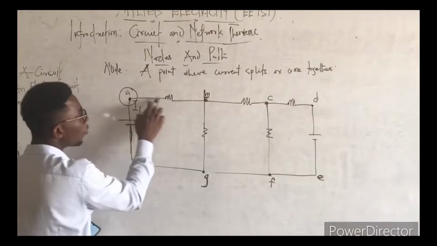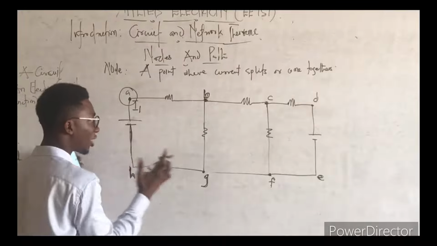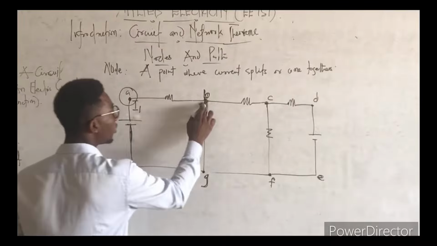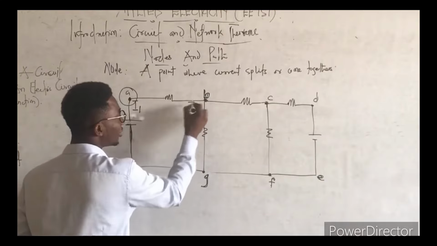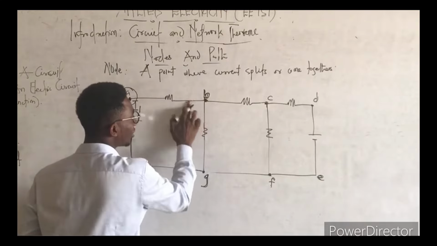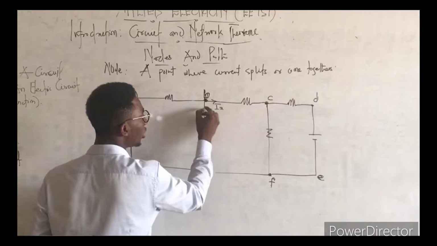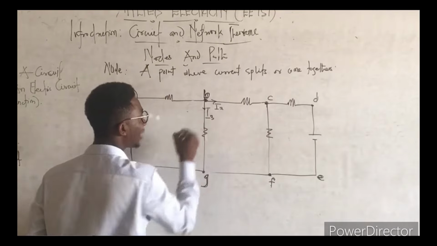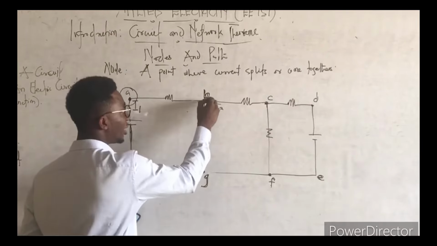It's the same current that will keep going through A. But when we get to B, the current I1 coming to B will now split into two. We now have current I2 and some amount of current, let's say I3, also going towards G. So at this point B, there is a current split.